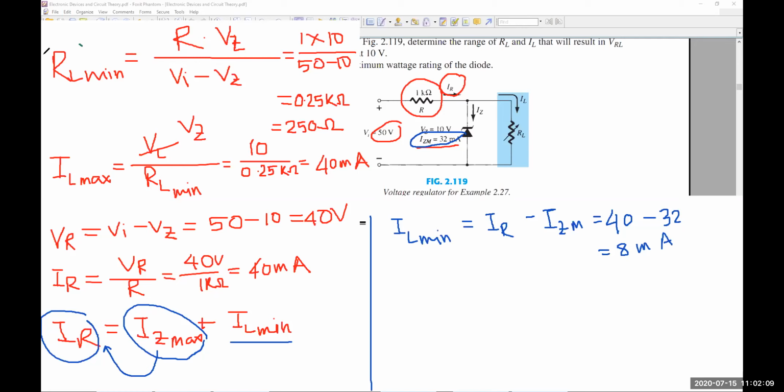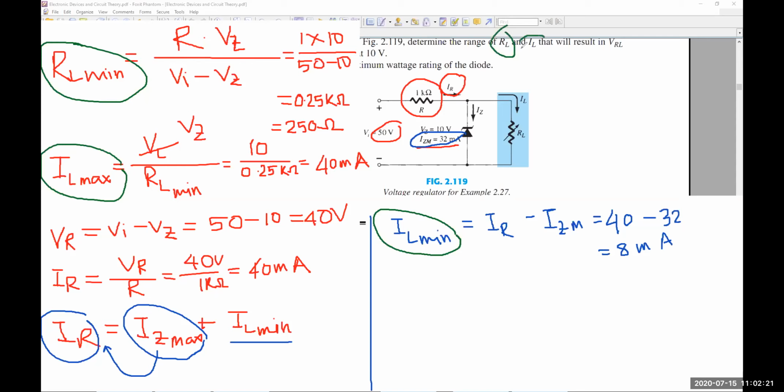Now, which ones have you already found out? You found out the RL minimum, IL maximum, and IL minimum. So out of four values, we already found out 3. The four values are RL maximum and minimum, and IL maximum and minimum. So which one haven't we found out? The RL maximum. Again, formula of R is equal to V divided by I. What is V?